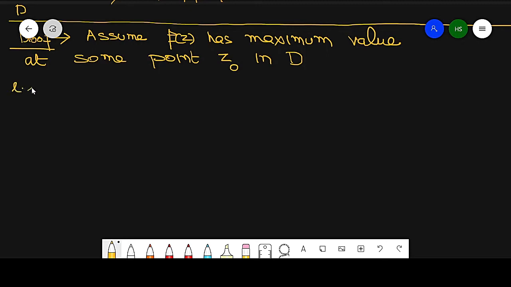It means modulus of f of z is less than or equal to modulus of f of z naught.